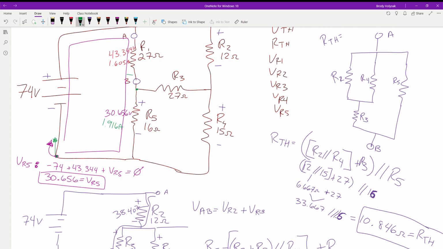Okay, so we have 1.916 amps coming up through this guy. We've got 1.605 amps going this direction. They're not equal because of this component here, so we're going to have current split that direction.